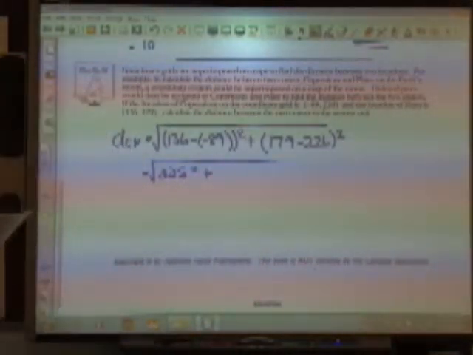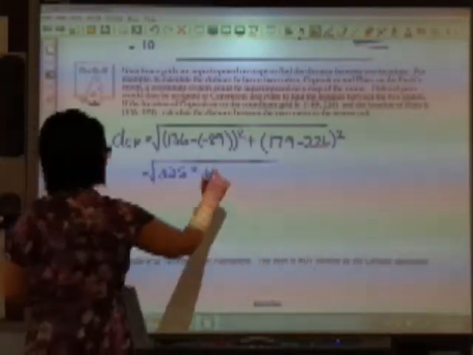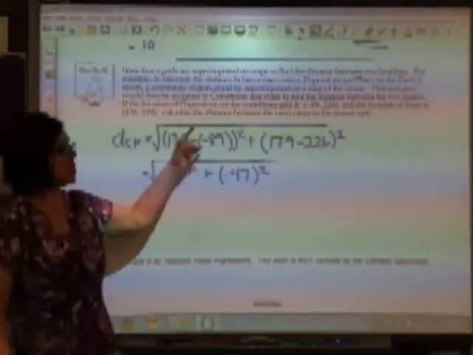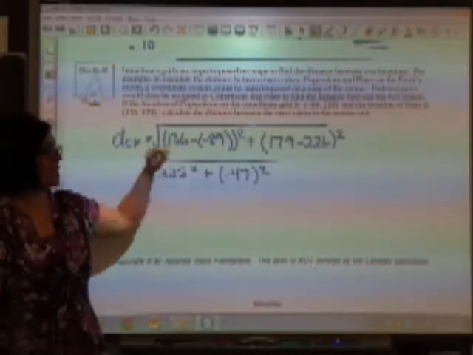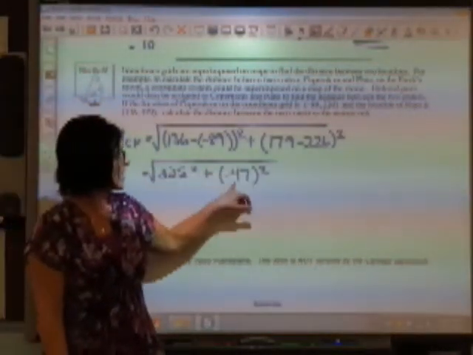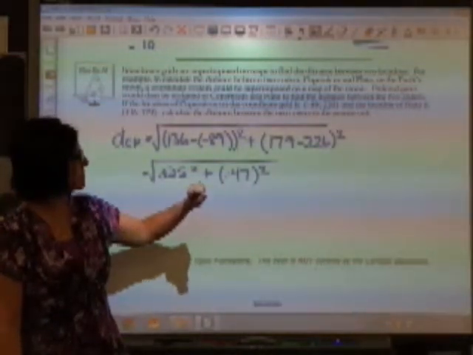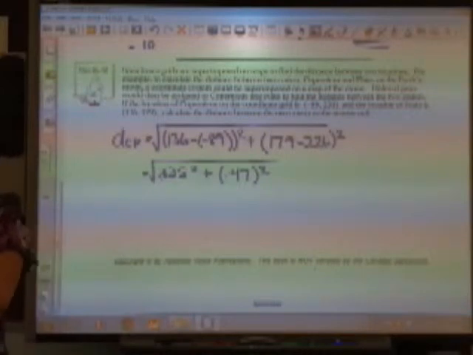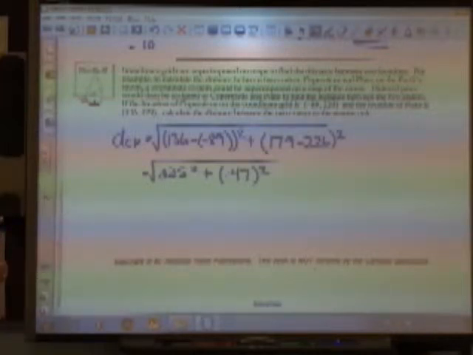And when I go 179 minus 226, I get -47. If you had inverted these numbers and you went -89 minus 136, you'd get a -225, and you get a positive 47 this time. So it just means that the sign would be the opposite.